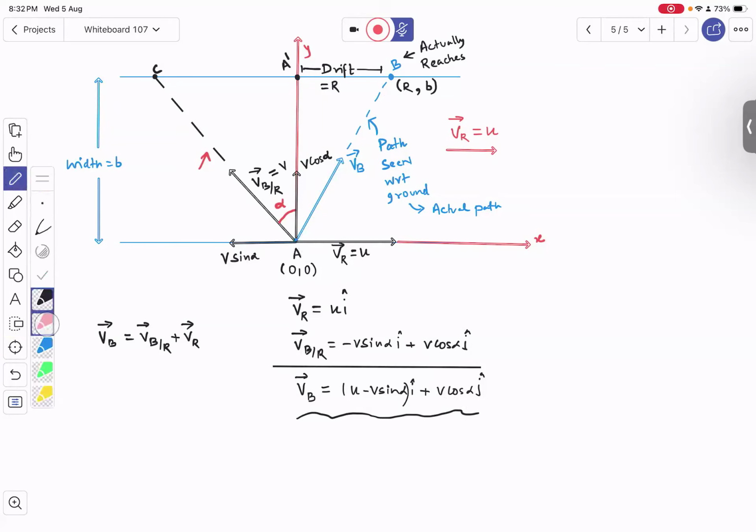So what is the velocity the boat has got in the x direction? That is U minus V sine alpha. And what is the velocity the boat has got along the y direction? That is V cos alpha. Once you get this, forget that it is a riverboat question.